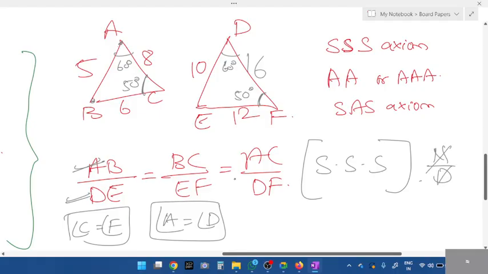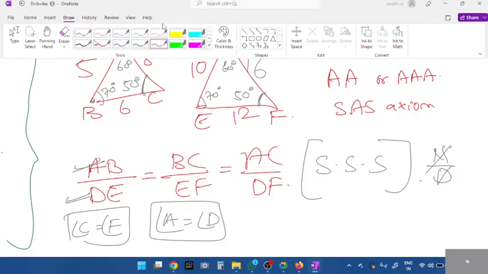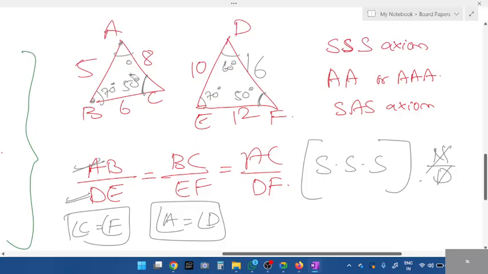That is for side. When it comes to angles, the value itself will be equal for angle. Next, D will be equal to this one. Angle E. Under side and side criterion. Any doubts? No. Okay, next one.